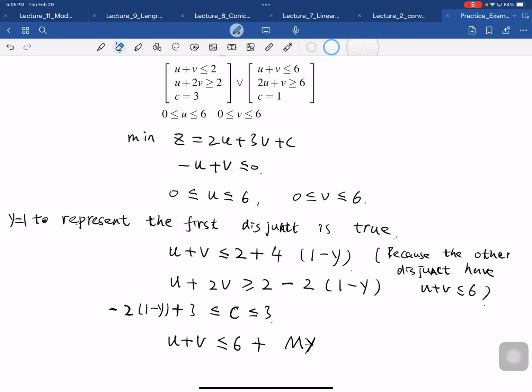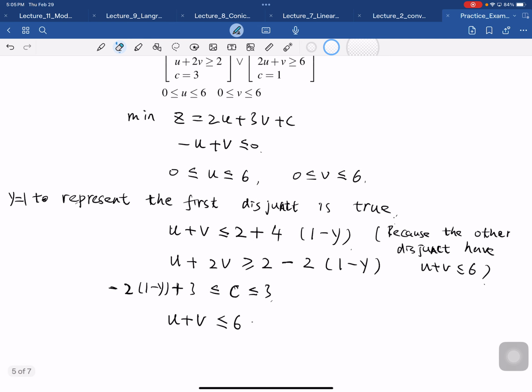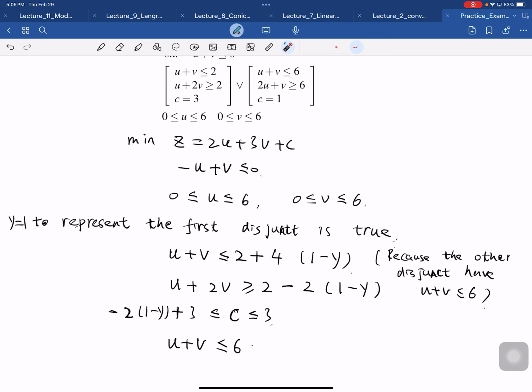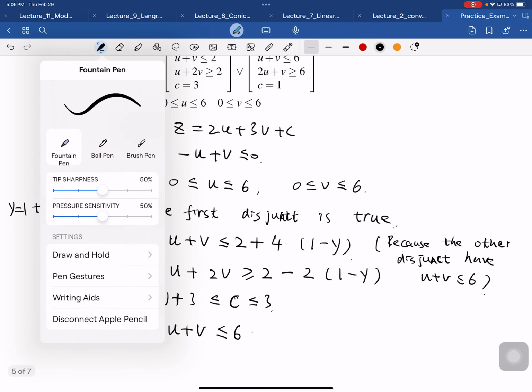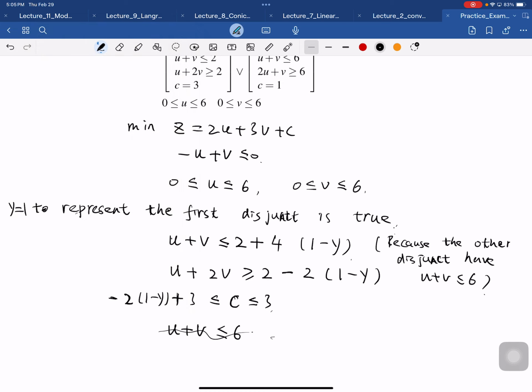You can just remove this constraint altogether, since we already enforce it here, so u plus v less than or equal to 6 would be redundant, right? But if you pick 10 here, then we still need to write u plus v less than or equal to 6. So we can just remove this constraint here because it's redundant.